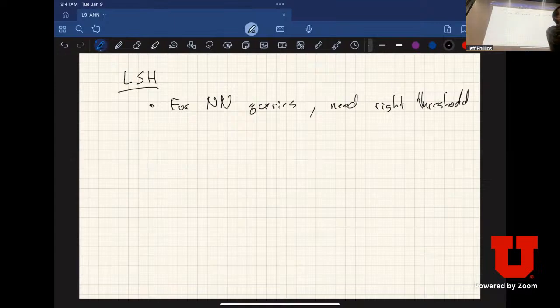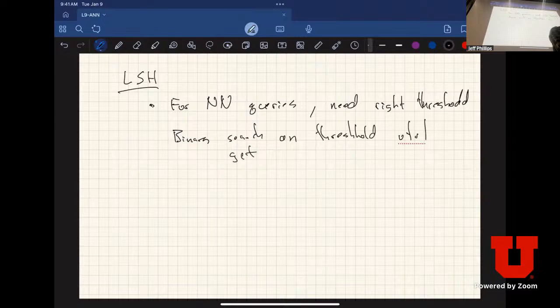But I don't know what this is ahead of time, so I need to do binary search on the threshold until I get basically O(1), but greater than 0 points.